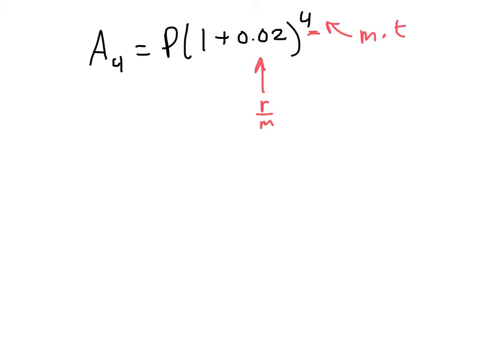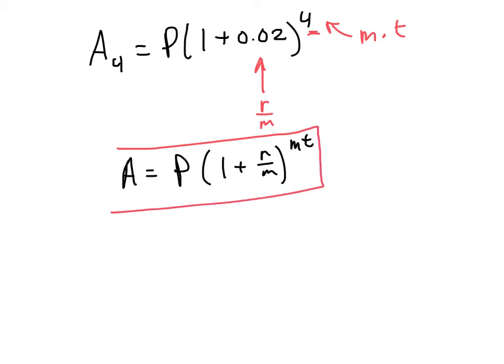So that's M times T. And if we're going to write this formula for the accumulated amount in terms of just our variables, we'd end up with P times 1 plus R over M to the MT. And this happens to be our compound interest formula.